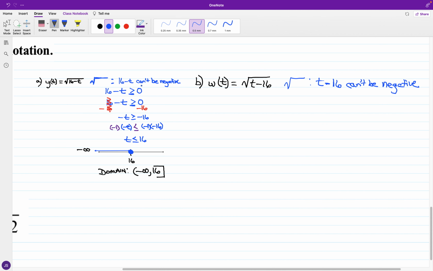And just like 16 minus t earlier, it can be 0 or positive. So t minus 16 is greater than or equal to 0.